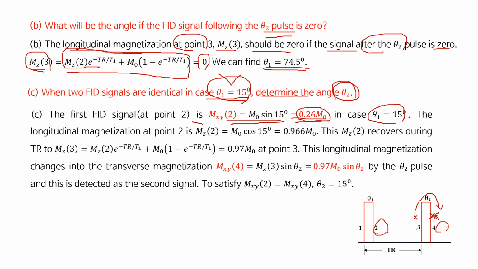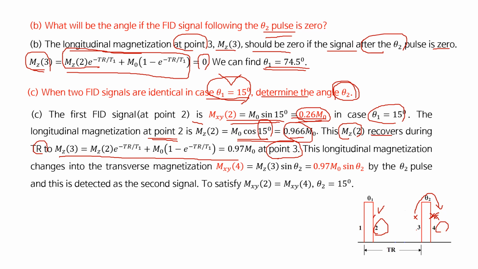The longitudinal magnetization at point 2 is M0 cosine 15, so we can get this number. Right? So this Mz2 recovers during TR to this at point 3, right?